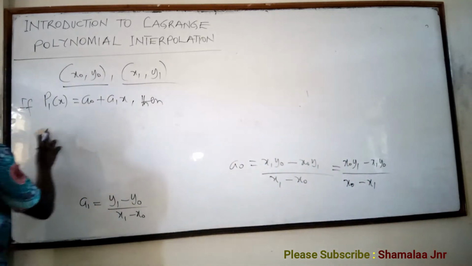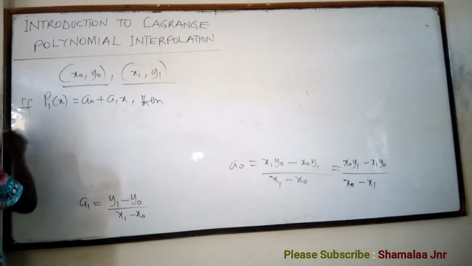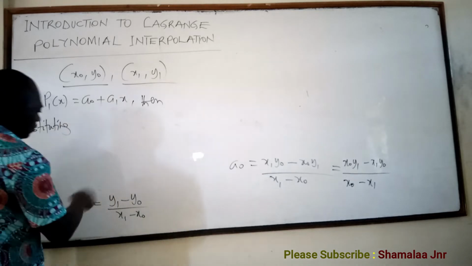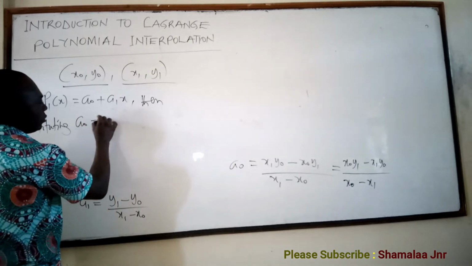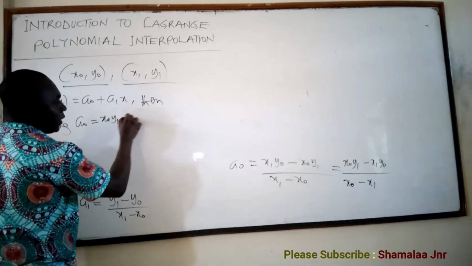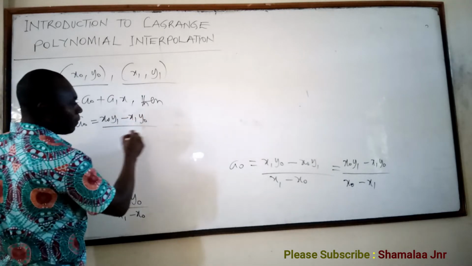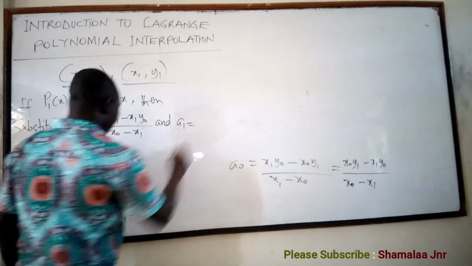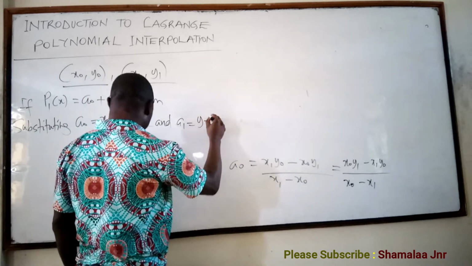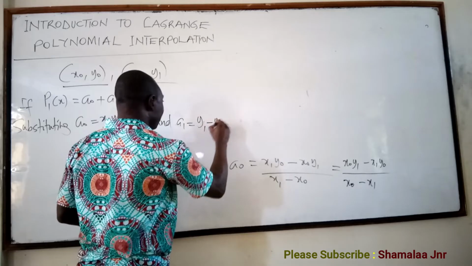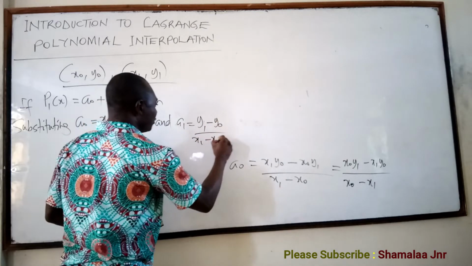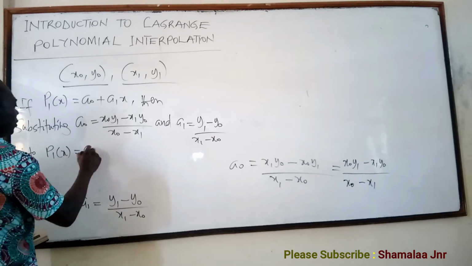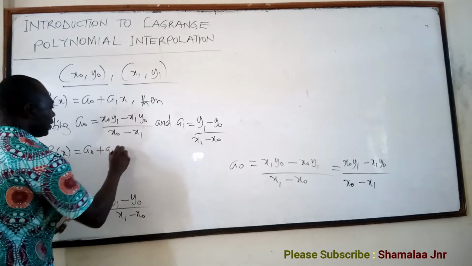So if you do that, you can say substituting a naught equal to s naught y1 minus s1 y naught over s naught minus s1 and a1 which is equal to y1 minus y naught all over s1 minus s naught into p1 of x is equal to a naught plus a1 x.